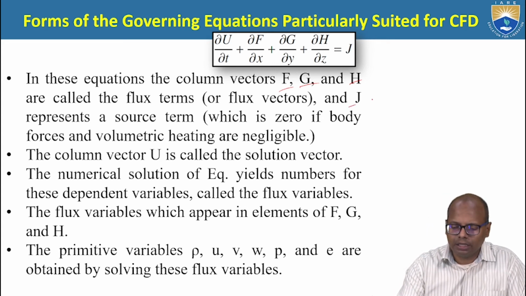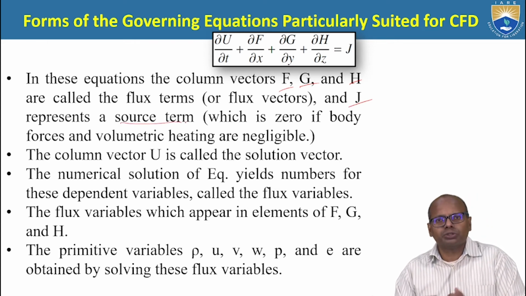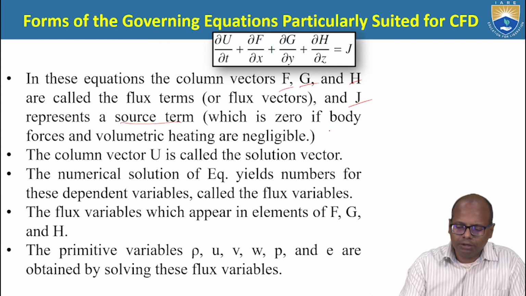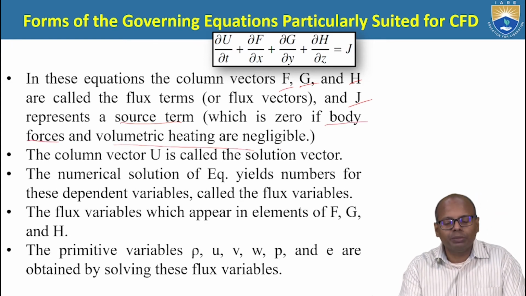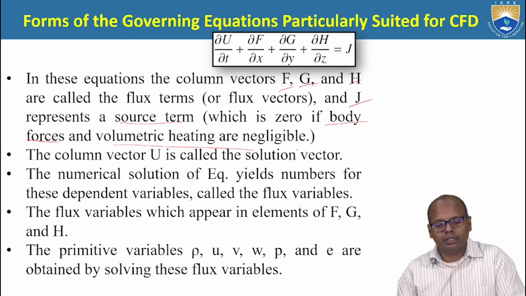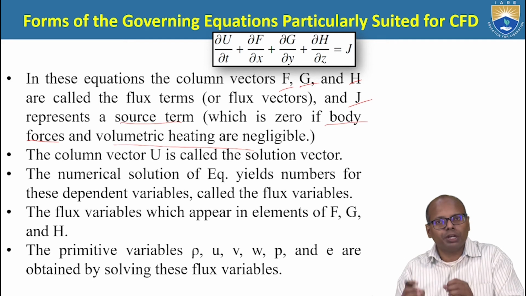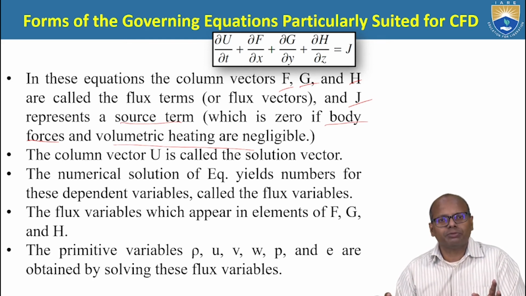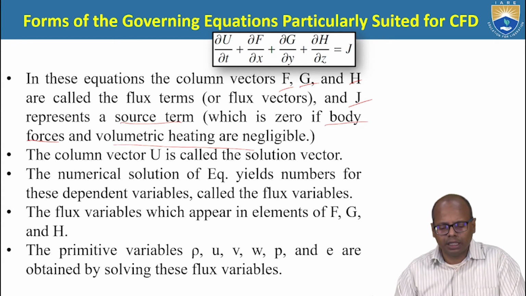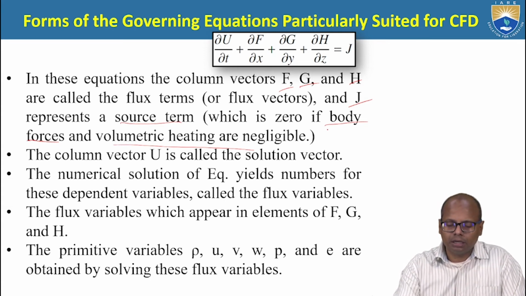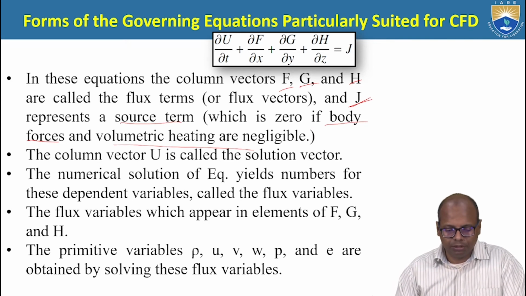And J is the source term. So J is the source term means what? If the body forces are absent and there is no volumetric heating, then this will become 0. Okay. If the body forces are not present in the fluid and if there is no volumetric heating because of radiation, then this term J will become 0. So that will become simplified.